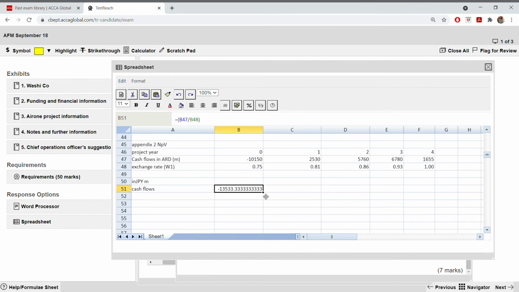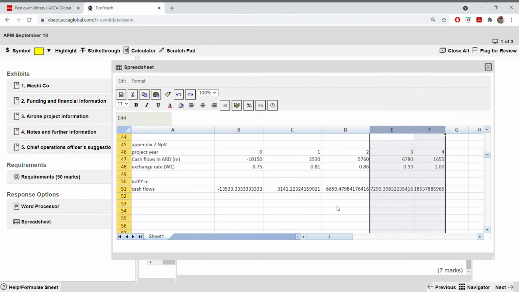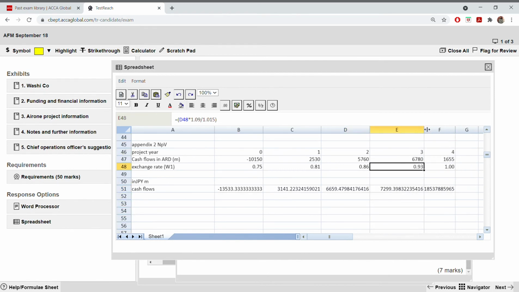Just drag it to the other cells. The numbers are very big. 3.466.